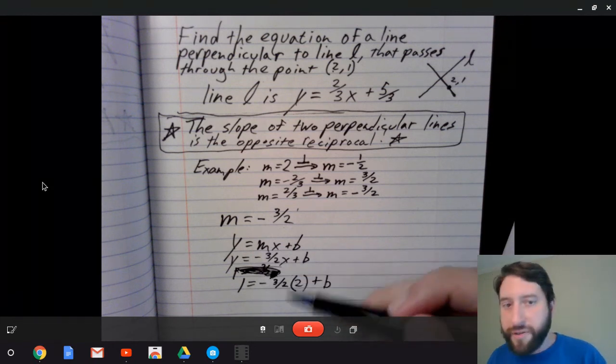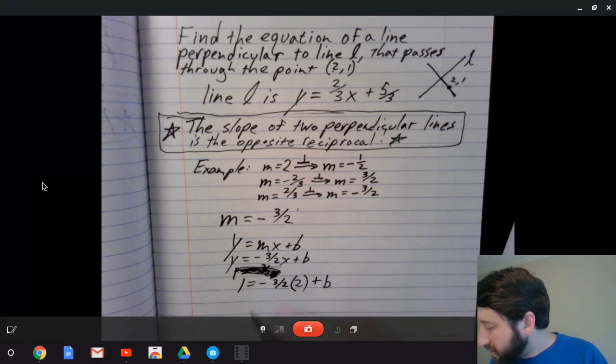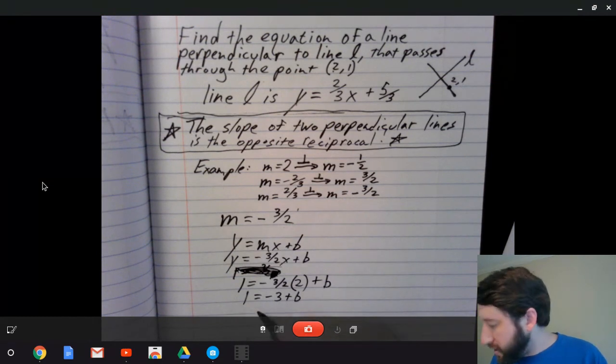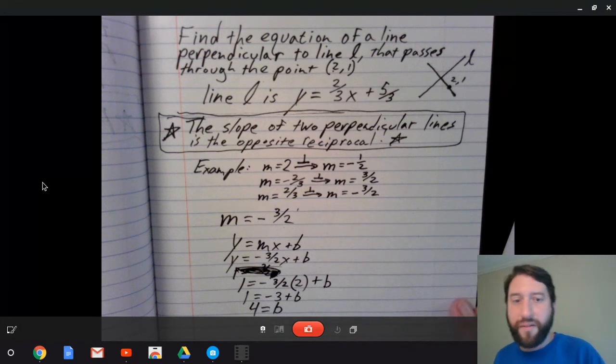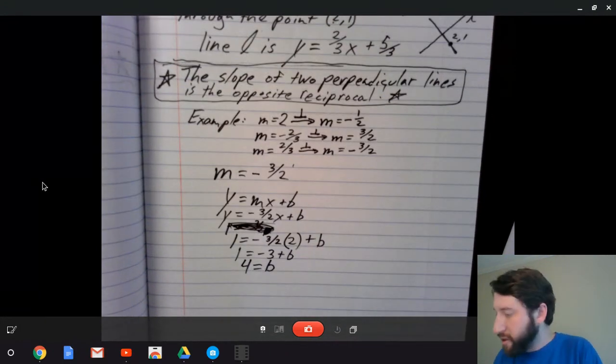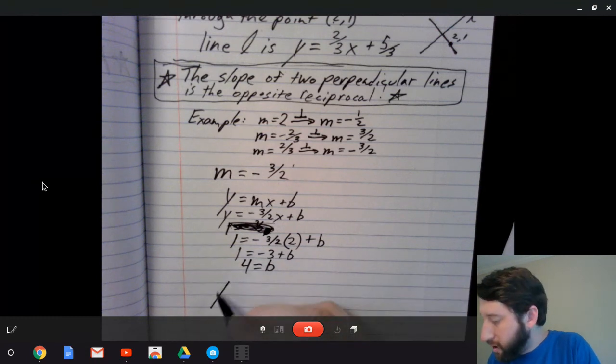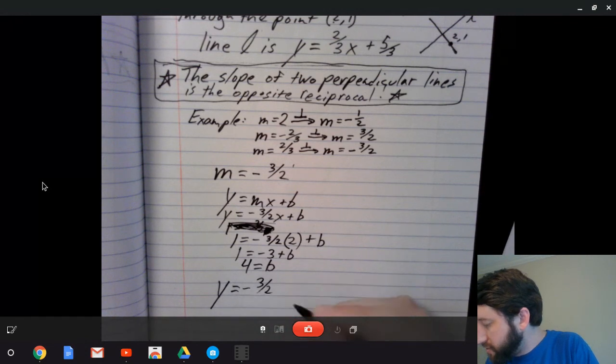I have a 2 on top and a 2 on bottom, so that cancels. That leaves me with 1 equals negative 3 plus b. Add 3 to both sides. b equals 4. So my final equation, since I know m and I know b, is y equals negative 3 over 2 x plus 4.